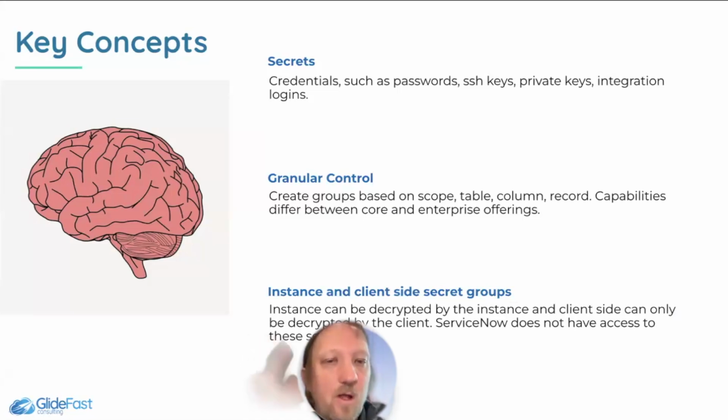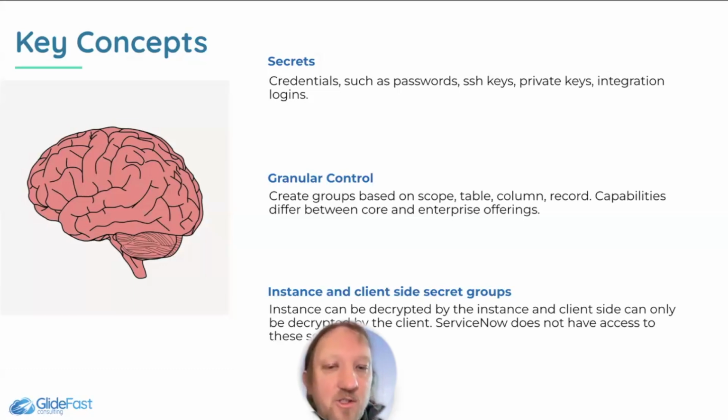A lot of those actual categorizations of them are going to differ between the core and enterprise offerings. You don't really have a lot of options beyond scope in the core offering. And then there's this idea of instance and client side secret groups. So instance credentials can be decrypted by the instance, and client side can only be decrypted by the client.